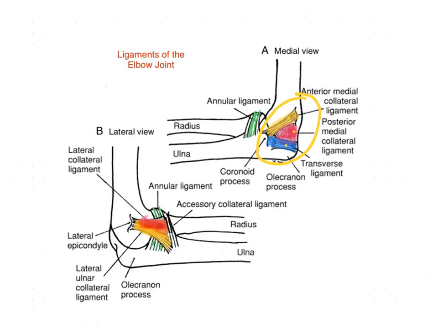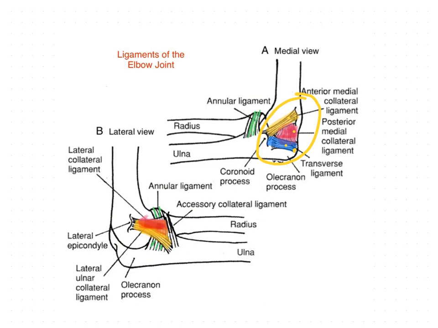This is the middle part, which connects the medial epicondyle to an oblique band stretching between the olecranon process and the coronoid process.